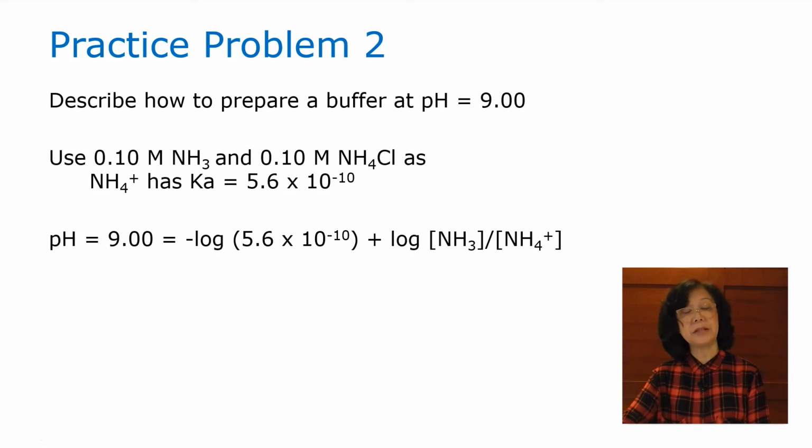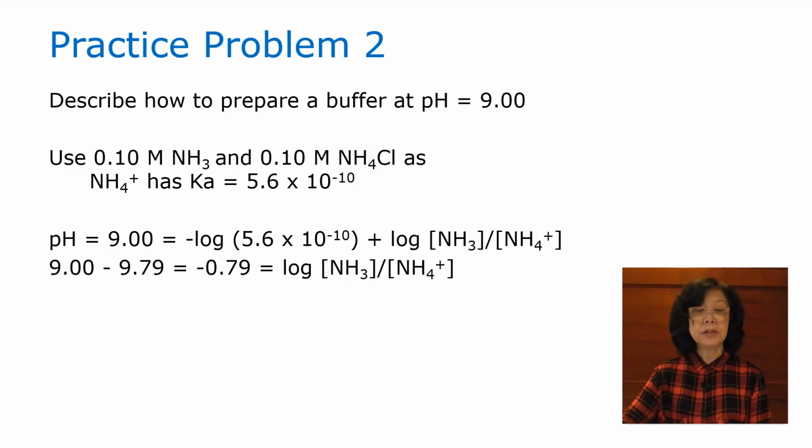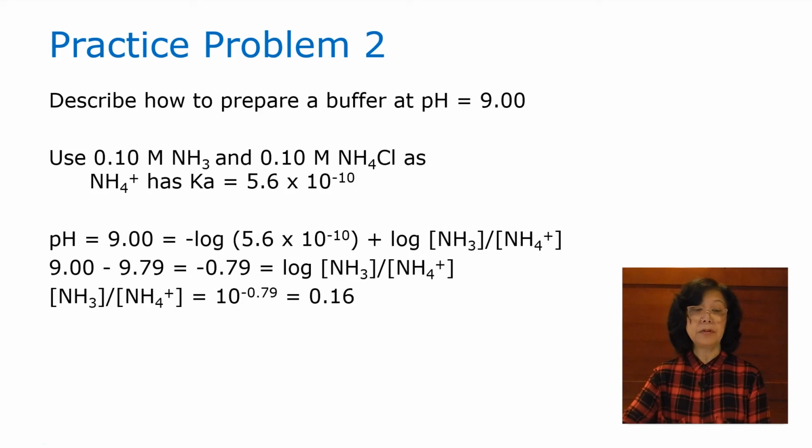Okay, so using Henderson-Hasselbalch equation, pH is 9, which is negative log of Ka value plus log of the ratio. Notice how ammonia now is the base, the A minus, and the ammonium ion, which has one more proton than ammonia, now becomes the HA. So solving for the equation and taking anti-log of the ratio, I get 0.16.